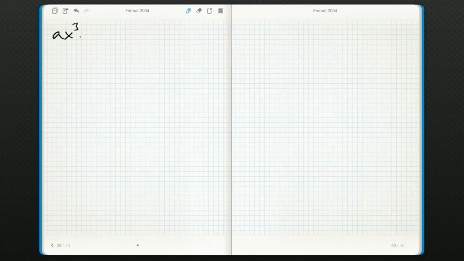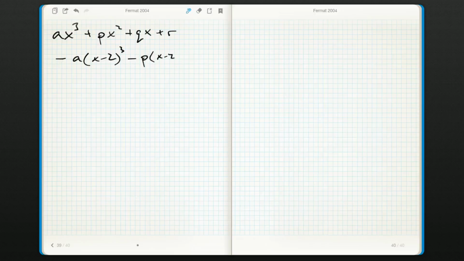So f of x minus f of x minus 2. Got to make sure the signs all work. So we're subtracting the whole thing, so it should be minus p times x minus 2 squared minus q times x minus 2 minus r. So that gets rid of those.